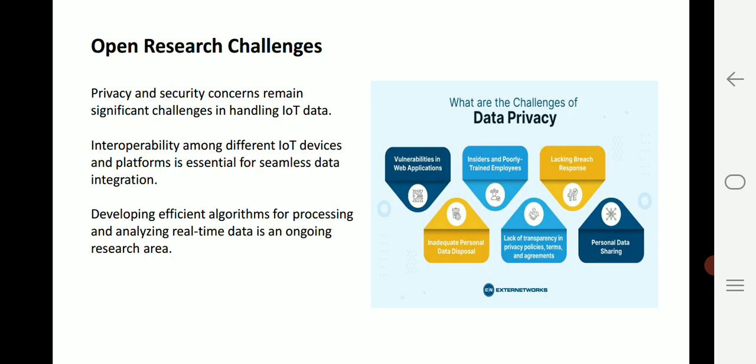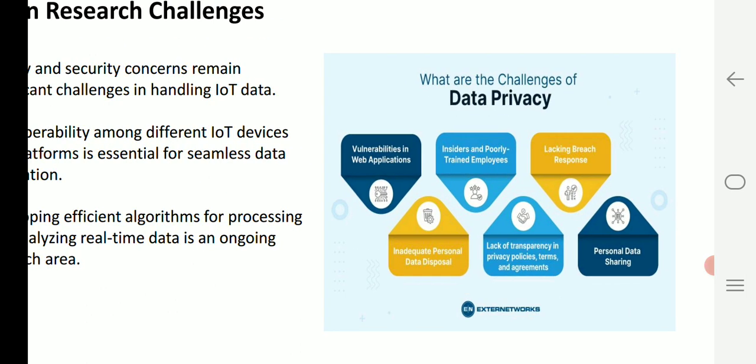Open research challenges. Before discussing this, let us talk about this picture. What are the challenges of data privacy?